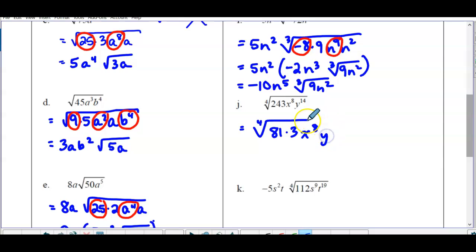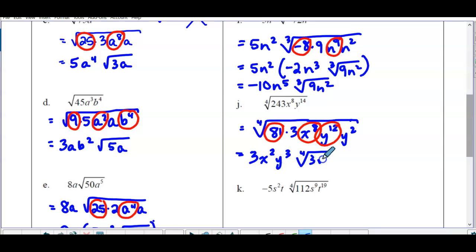Y to the 14th is not. 4 doesn't go into 14, so the next lower multiple of 4 is 12. So we'll split that up into its factors. That's a fourth power, that's a fourth power, that's a fourth power. So that simplifies to 3x squared y cubed, and then the fourth root of 3y squared. Okay.